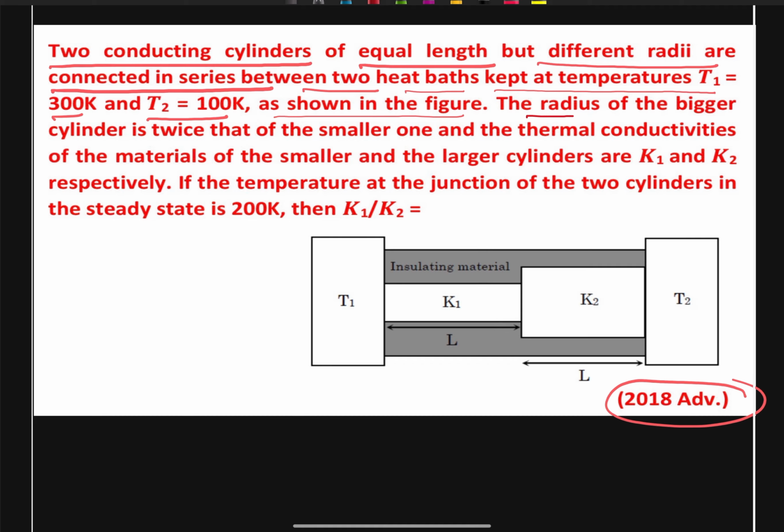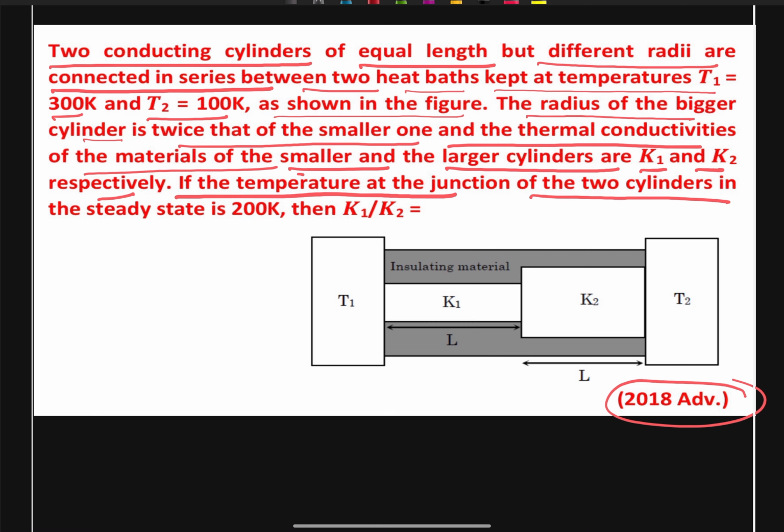The radius of the bigger cylinder is twice that of the smaller one, and the thermal conductivities of the material of the small and the larger cylinder are K1 and K2 respectively. If the temperature at the junction of the two cylinders in the steady state is 200 Kelvin, then the ratio of K1 and K2 is.